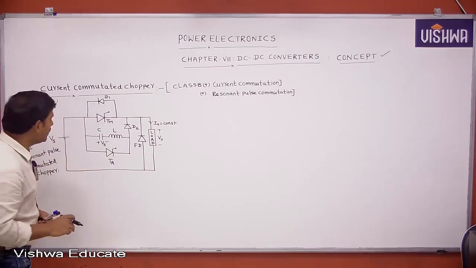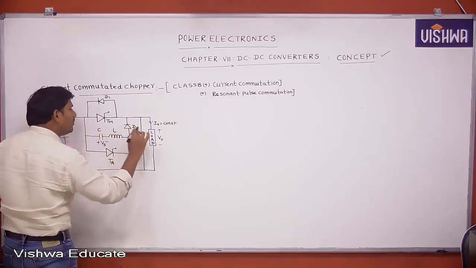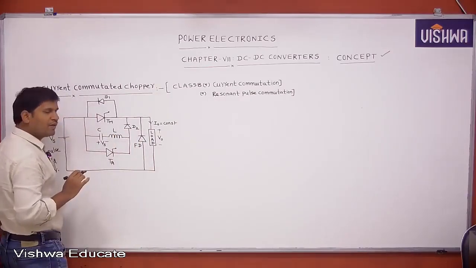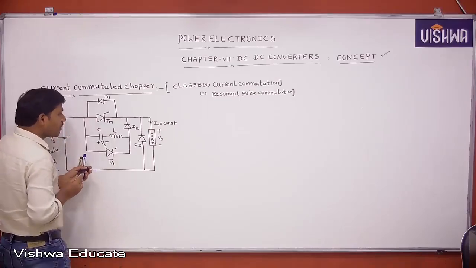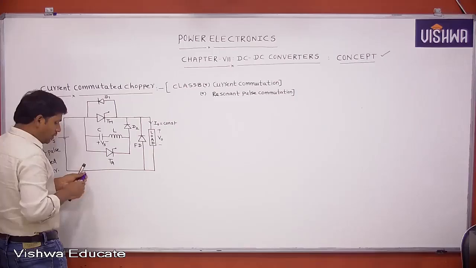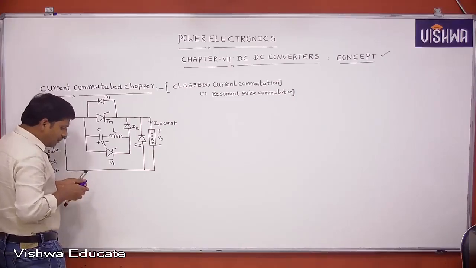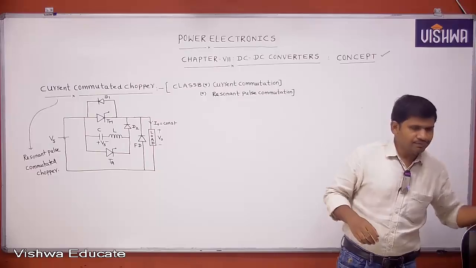Listen please. Now, to supply the power to the load, we are triggering the main thyristor. Whenever a triggering pulse is applied to the main thyristor, it starts the conduction.